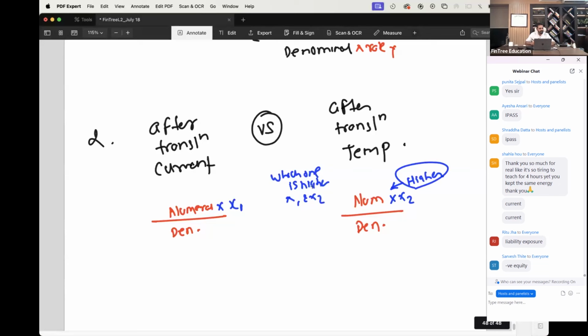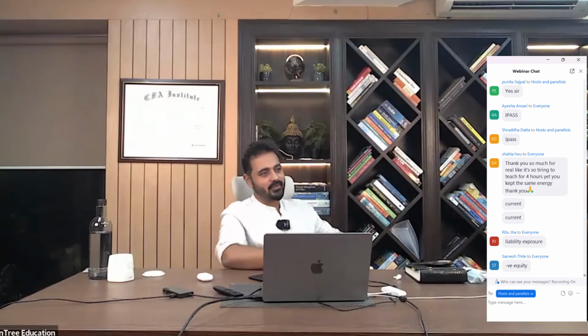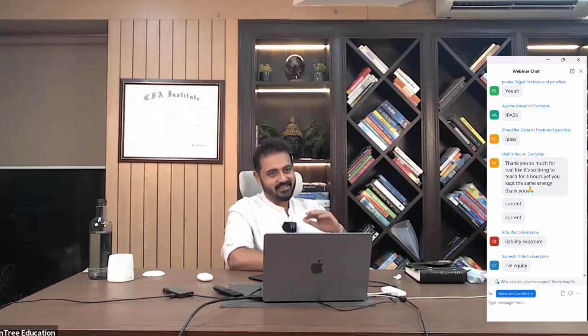If I tell you that x2 is higher, then if you're converting this at y1 and this at y2, then which one is higher? Okay, let's say luckily for you, this turned out to be lower. Then conclusively, the temporal ratio is higher. But what if this also turned out to be higher? Then the answer is inconclusive. So in this situation, you can end up getting 3 scenarios: higher ratio, lower ratio, inconclusive.